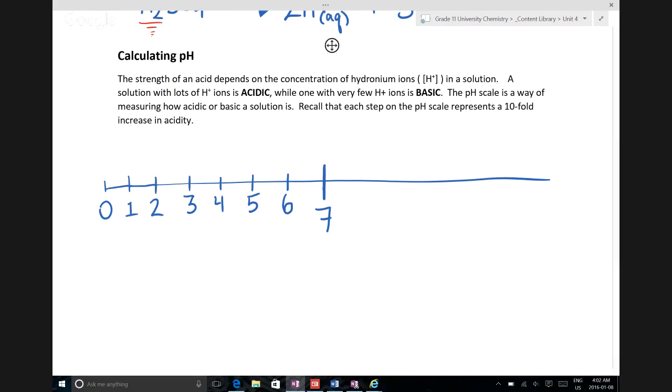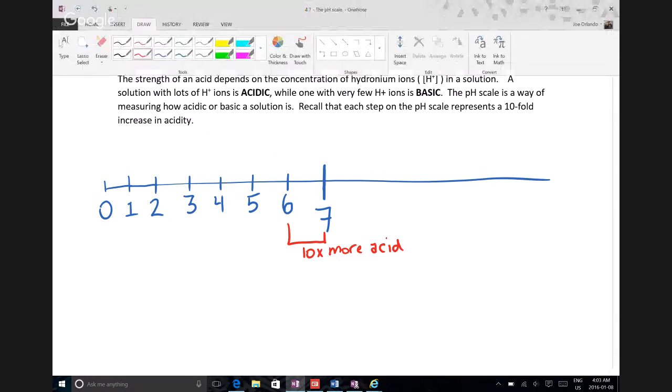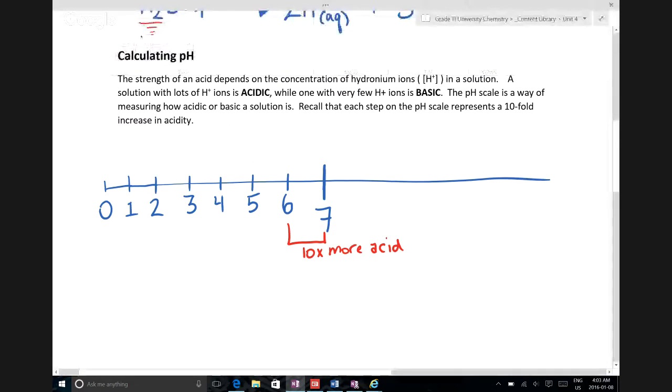All right, and in each of these steps, this would be 10 times more acidic, because each step on the pH scale represents 10 times. And so if we went from 7 to 6, 6 is 10 times more acidic than 7.